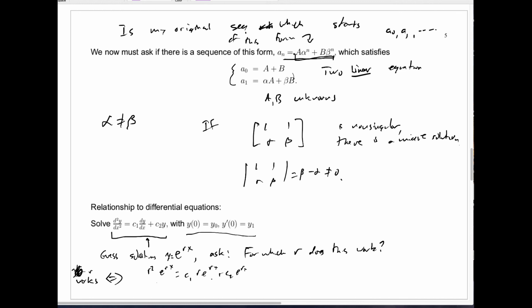We cancel the e to the rx's, which are never 0, and we get the equation r squared equals c1 r plus c2, and this is the characteristic equation for this second order linear differential equation with constant coefficients. It's actually homogeneous if you put everything onto one side. It's a second order linear homogeneous differential equation with constant coefficients.